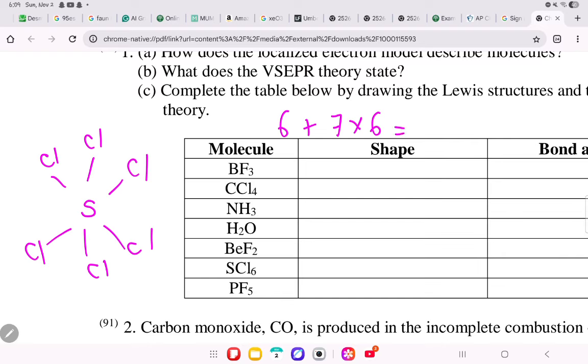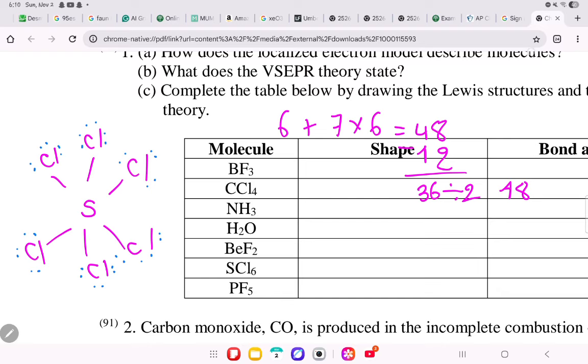So 6 plus 7 times 6, that's going to be 48 minus 12 electrons because we have 6 bonded pairs, so that's going to leave us with 36 divided by 2, that's going to be 18, right? So we have 18 lone pairs.